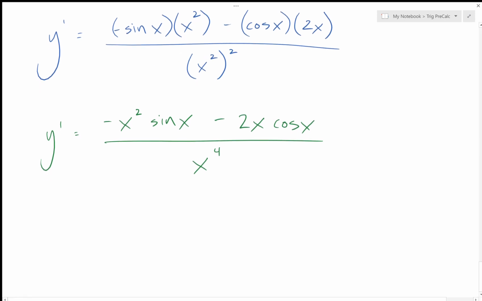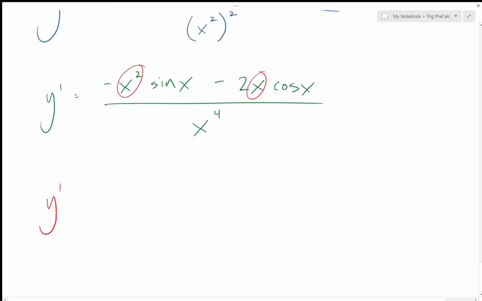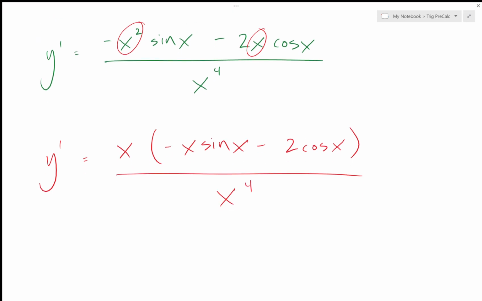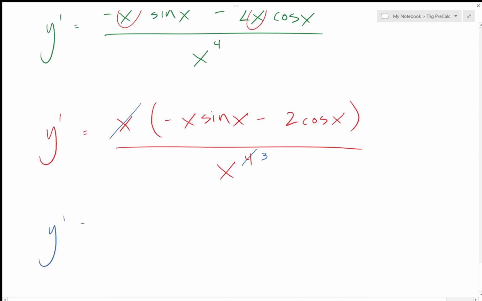So on top, I've got an x squared here and an x, so I can factor out an x, leaving me with negative x sine x minus 2 cosine x over x to the fourth. And the reason we did that is because now we can cancel out one of the x's on top with one of the x's on bottom, so now it's x cubed. So really not too big a difference, but now we've got a slightly simplified answer. So negative x sine x minus 2 cosine x over x cubed.